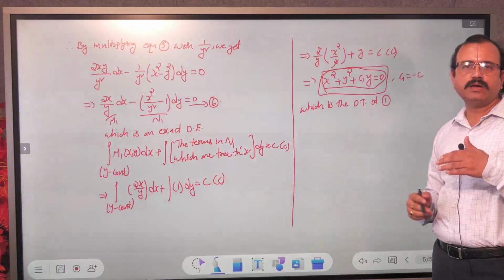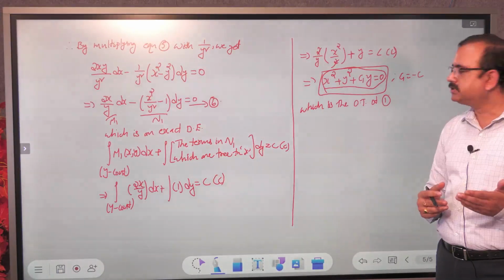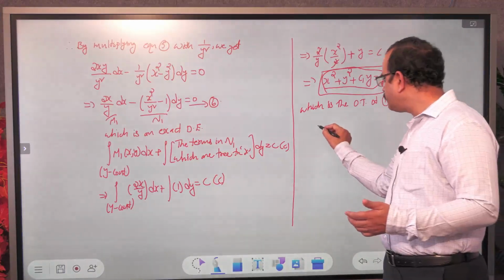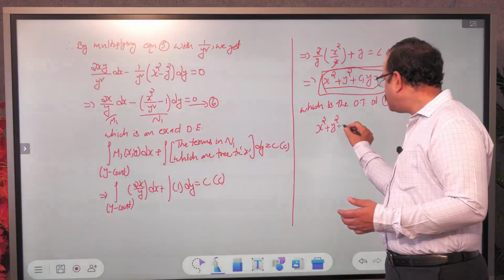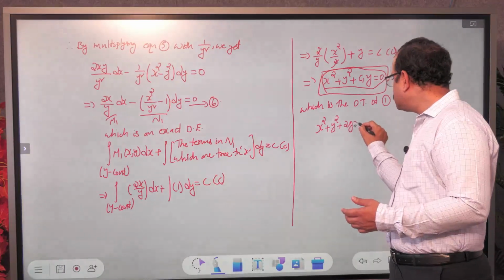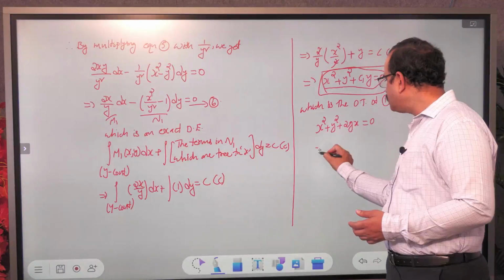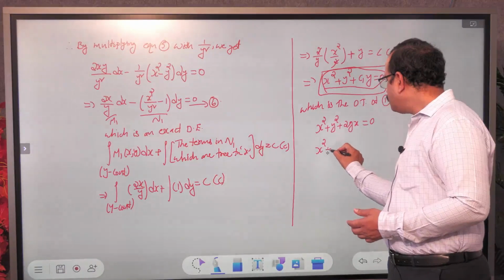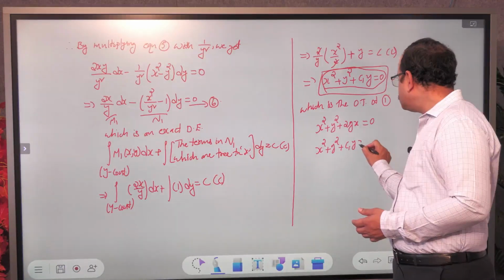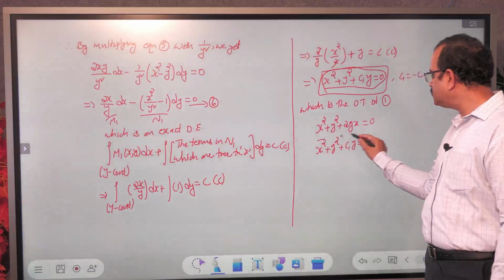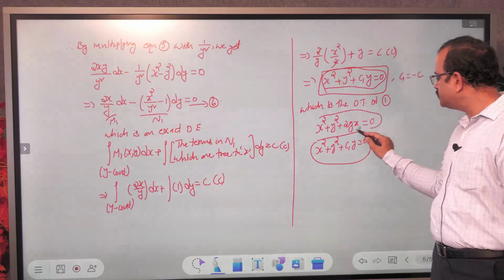So finally, what is our family? The given family is x square plus y square plus 2gx is equal to 0. For this, what is the orthogonal trajectory? That is what we got: x square plus y square plus c1y is equal to 0. So this is the orthogonal trajectory for the given family x square plus y square plus 2gx is equal to 0.